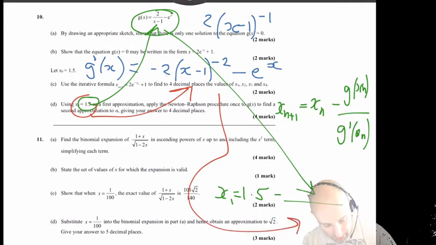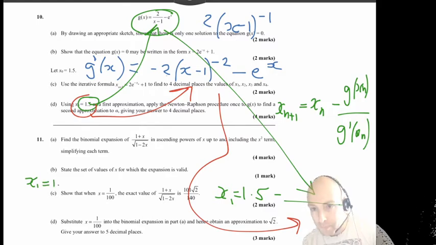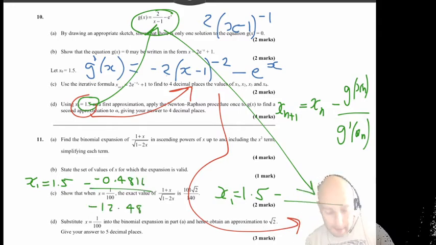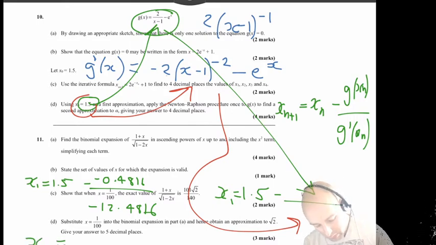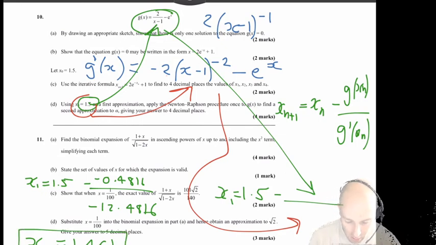And what you should get is x1 is 1.5 take away minus 0.4816 over minus 12.4816, and you should get x1 equals 1.461 to 4 decimal places.